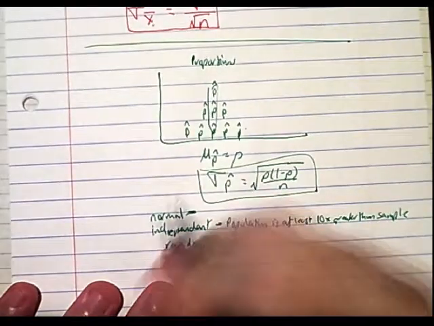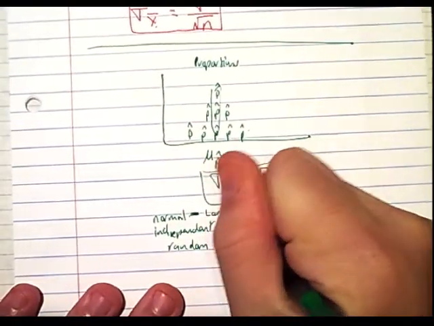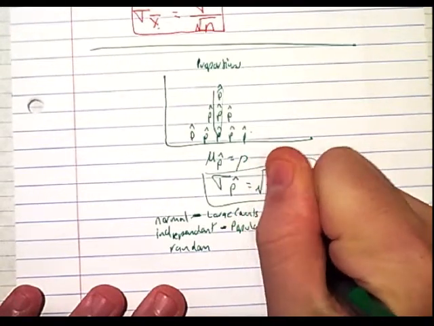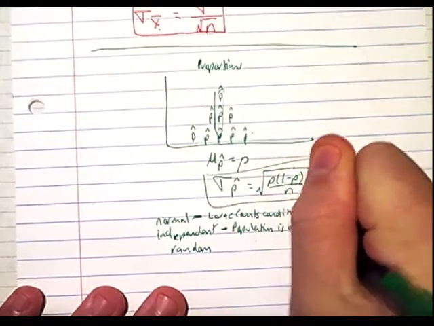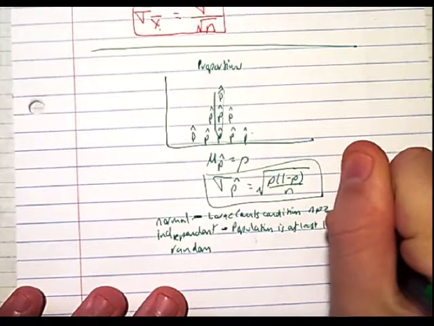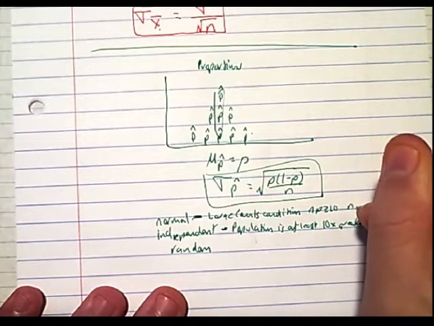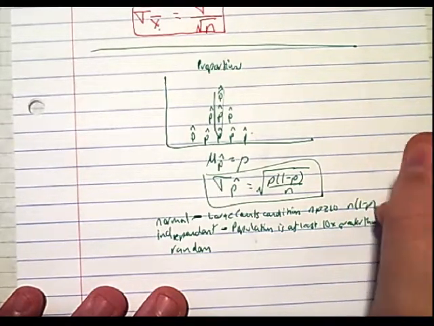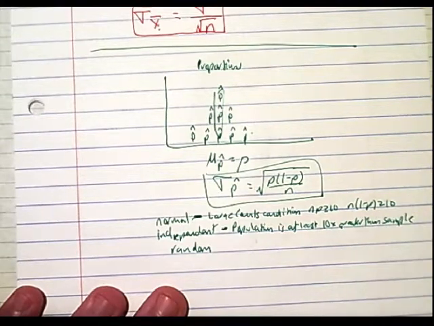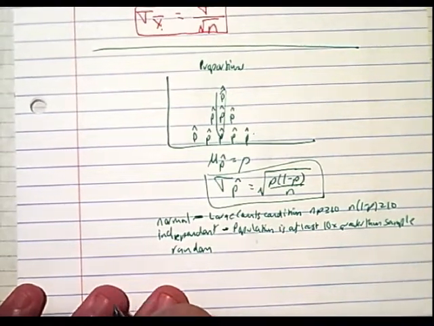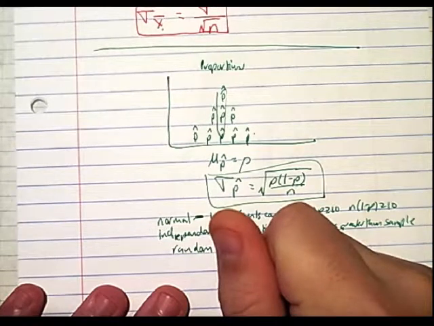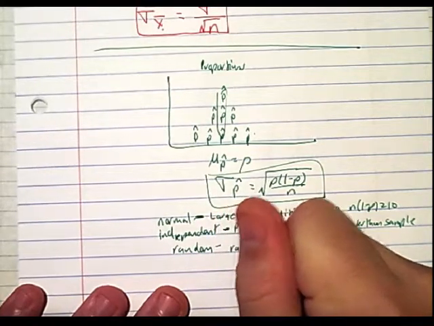How did it meet the normal condition? We used the large counts condition, which said that n times rho had to be greater than or equal to 10, and n times 1 minus rho had to be greater than or equal to 10. And random just has to come from a random sample.